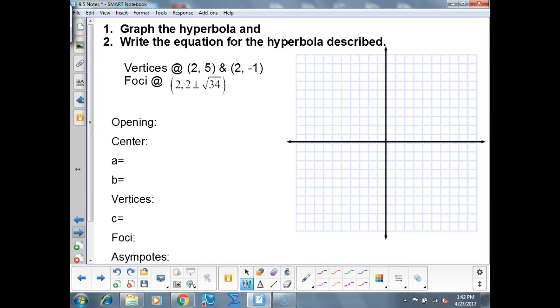Go for it. Alright, what do we know? We know the vertices and the foci. The vertices are at 2, comma 5, so that's there, and 2, comma -1, so that's there. And then my foci are what?